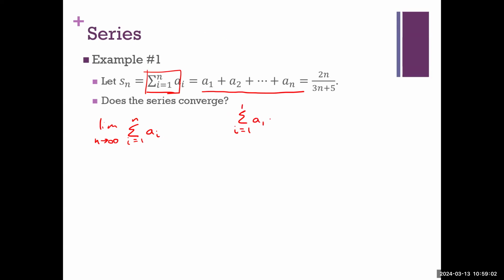If I just look at a1, it's two over 8, because this right here tells you how to find the nth partial sum. What if I add up the first 4 terms? What do I get?